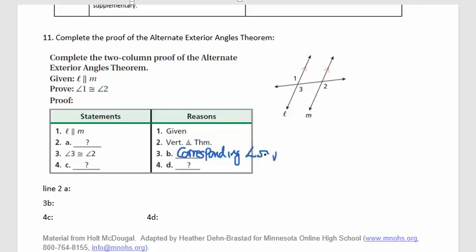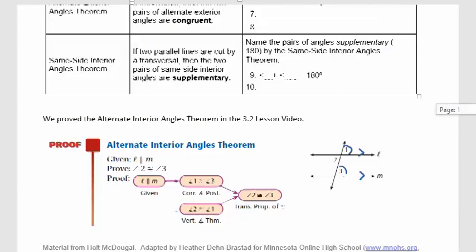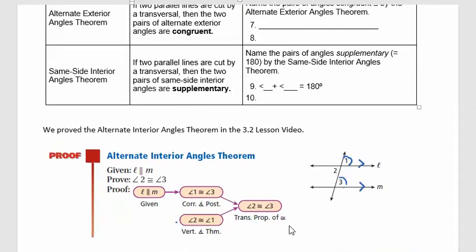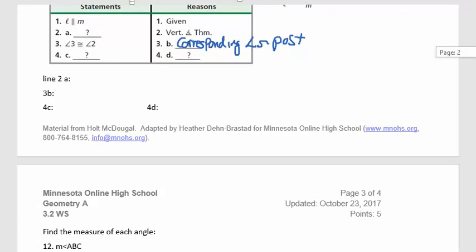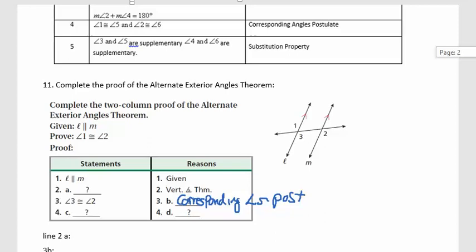And then we'll put those two together just like we did in the proof of the alternate interior angles theorem, which was using the transitive property. Go back down. And then you will be able to say that angle 1 is congruent to angle 2.